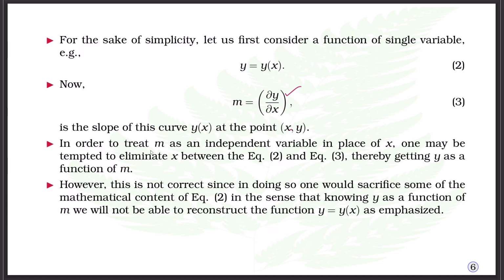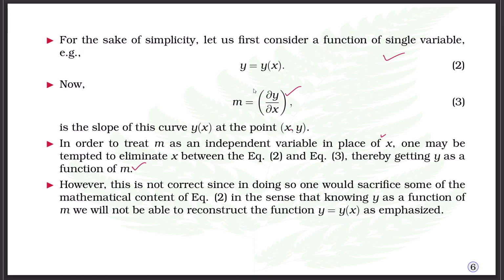In order to treat m as an independent variable in place of x, one may attempt to eliminate x between equations 2 and 3, thereby getting y as a function of m.